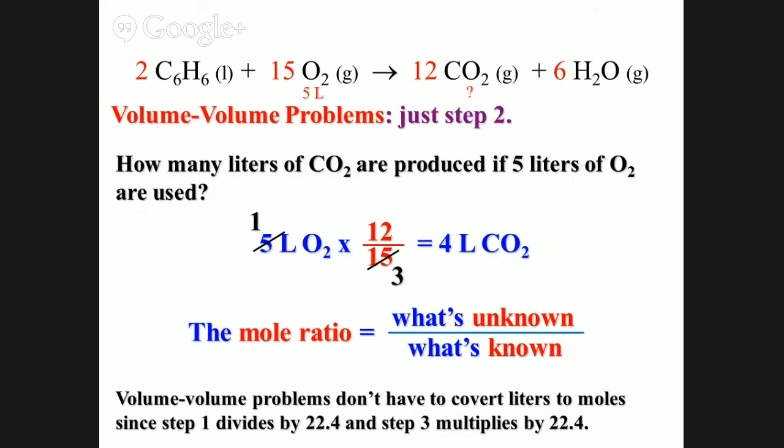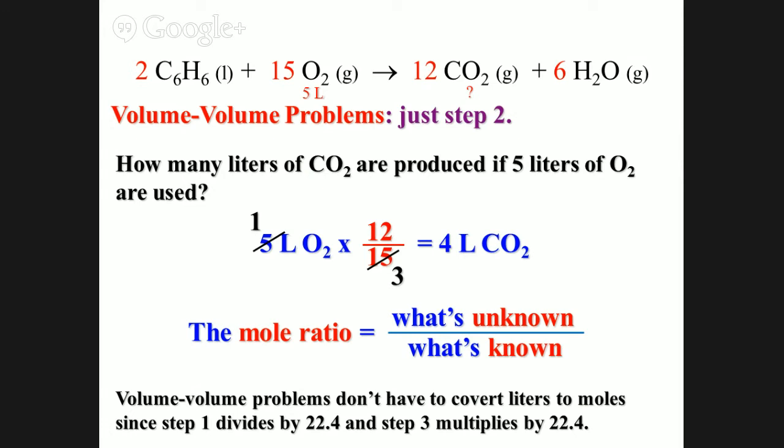Now it turns out that volume problems, which means I start in liters and I'm going to end up in liters, I can do the same way with one step. Now, technically, I can do them in 3 steps too. I can take the liters and then divide by 22.4, make it moles, do my mole ratio, second step, and then in step 3, take the moles and multiply by 22.4 liters to turn it back into liters.